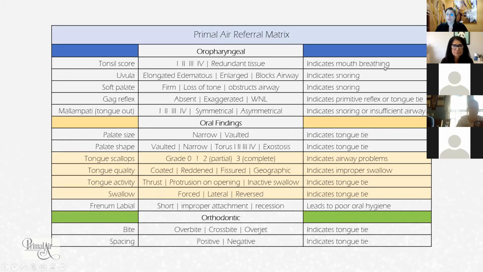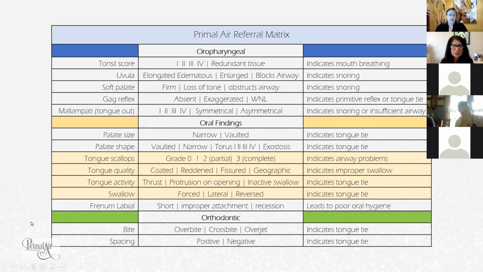Large tonsils would indicate mouth breathing. An enlarged uvula would indicate snoring, same as a low soft palate, which is really hard to discern. Gag reflex would indicate a primitive reflex, and so on down the line. So this is a real bare naked one.